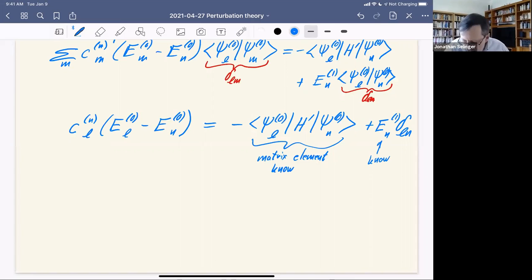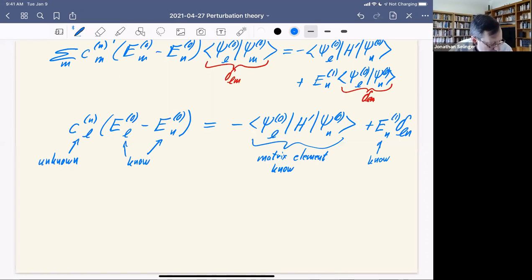And these energies, we know those; those are the old unperturbed energies. This is unknown: we do not know what these coefficients are. But for sure, we can calculate it. This is an algebra 1 equation to solve now for those coefficients. So let's do it.